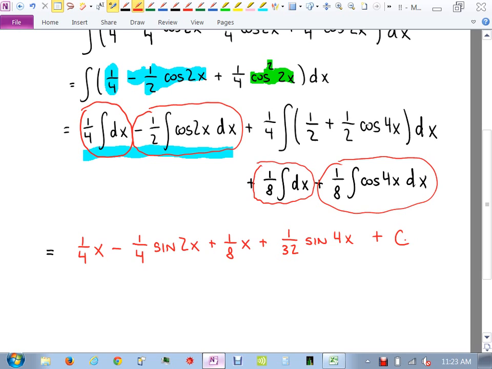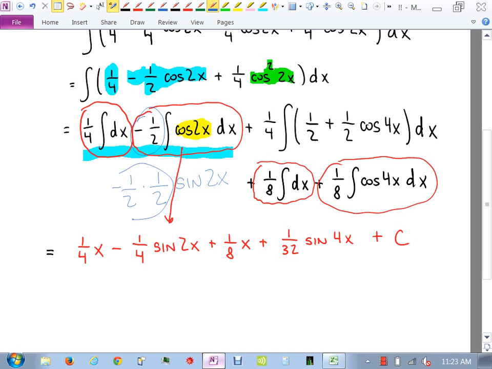Yes. For this integral right here? Okay, remember that when you're trying to find the antiderivative of cosine 2x, it's 1 over a sine, right? The a is the number in front of x. So it's 1 over a. So what I have there is I had the negative 1/2 here, and then I have times 1 over a sine 2x.